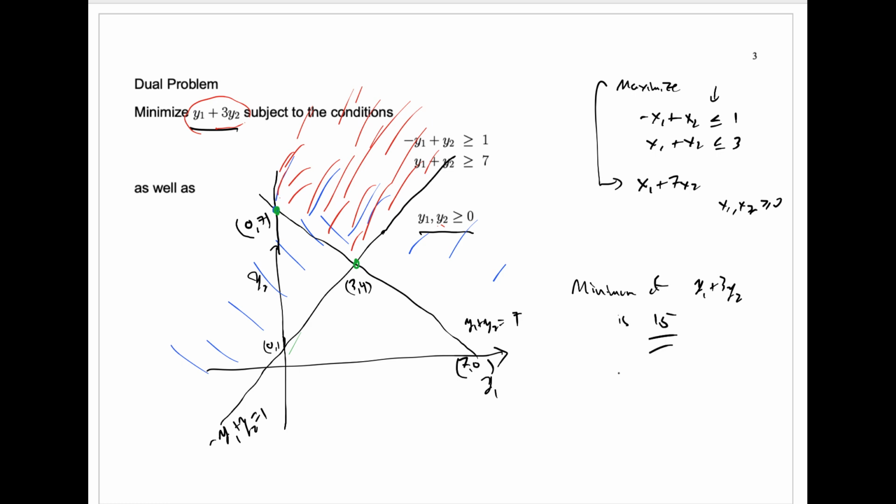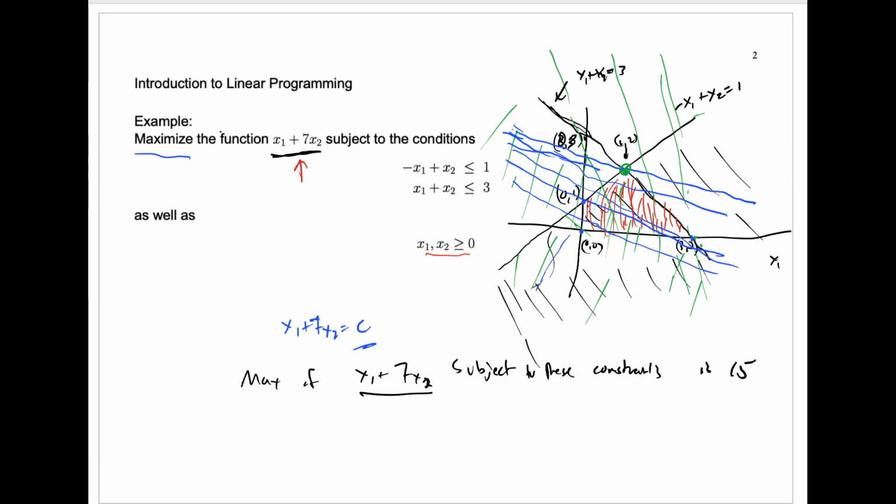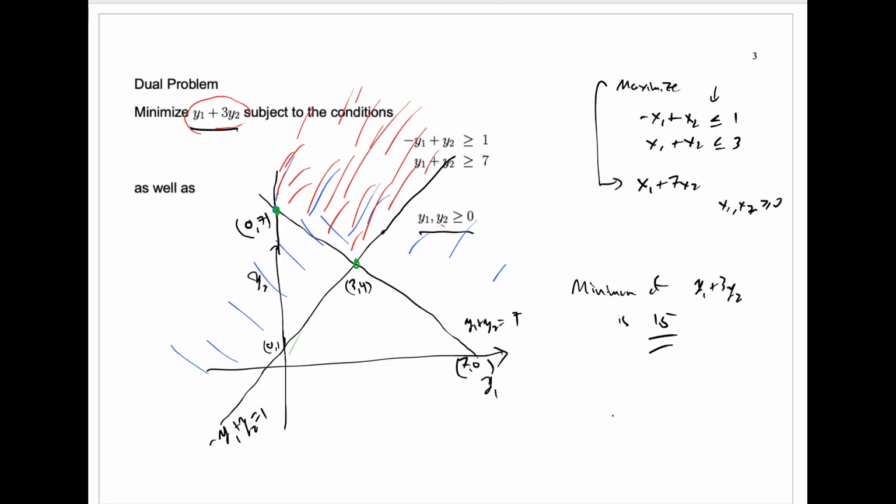Now, you might recognize that this number 15, which is the minimum of this objective function, was exactly the same as the maximum of our previous objective function. In other words, these 2 problems, our original problem and this strange new one that we created as what we'll call the dual problem, have the exact same solution.